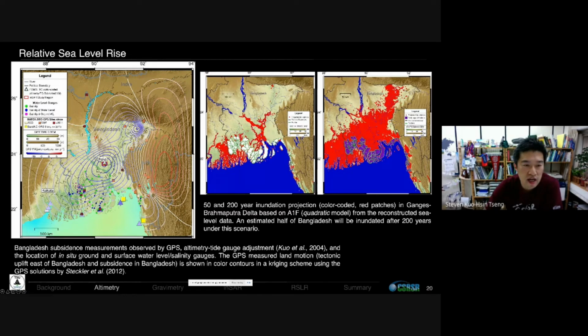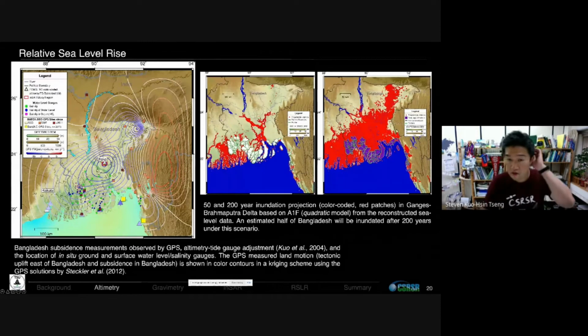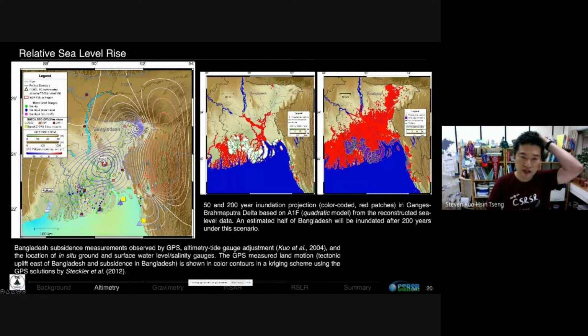So you can see that if we consider both this land sinking and the sea level rise, then we can have a projection of what the inundation area could be in the next 50 to up to 200 years. Of course, it's a scenario without any control, if the rate is linear, if everything stays the same.